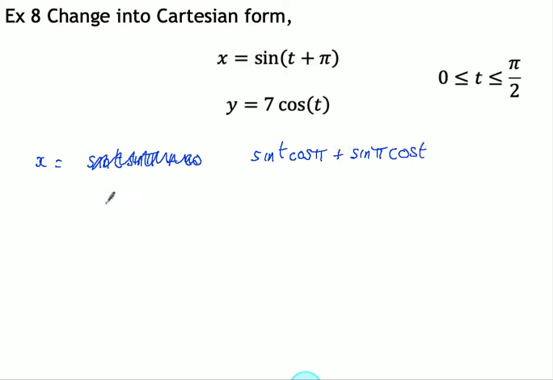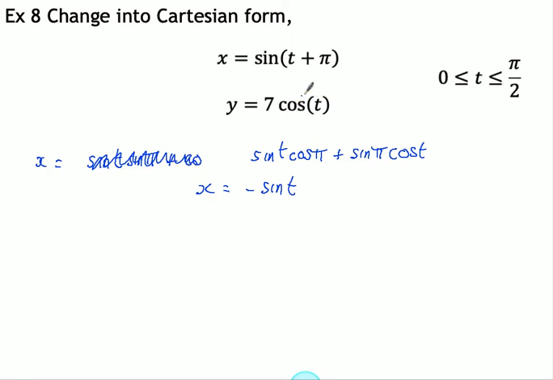Okay, that's a little bit better. And then let's tidy this up ever so slightly. So x equals, well, cos pi is -1. And then sine pi is 0. Okay, so x is equal to negative sine t, and we seem to be no closer to what we want to find.